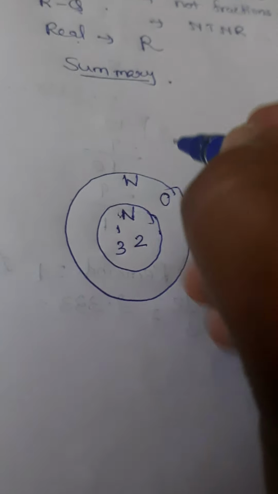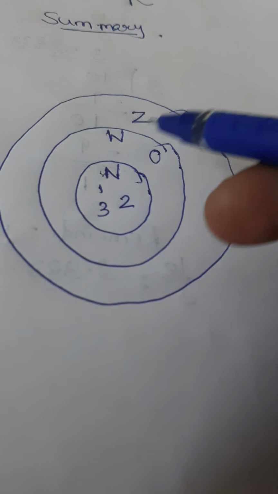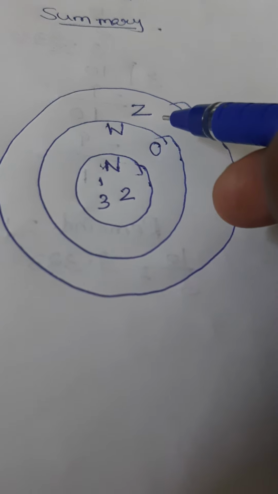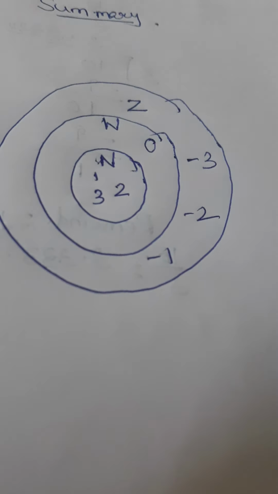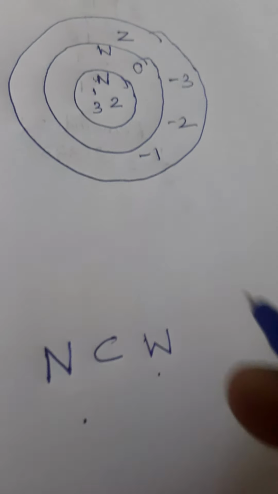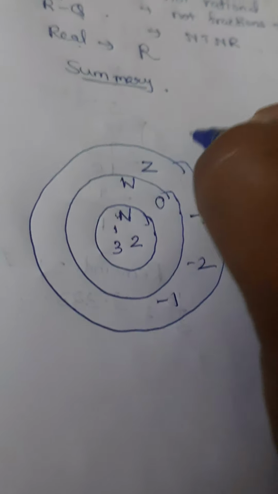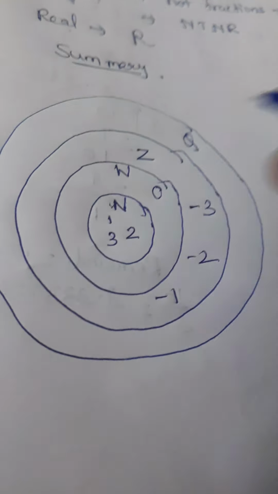Next was integers. So all the whole numbers are contained in the set of integers, and additionally they also have negative numbers like -3, -2, -1, etc. That means natural numbers are a subset of whole numbers and whole numbers are a subset of integers. Next we have rational numbers.